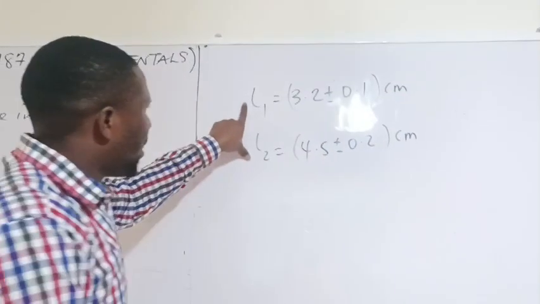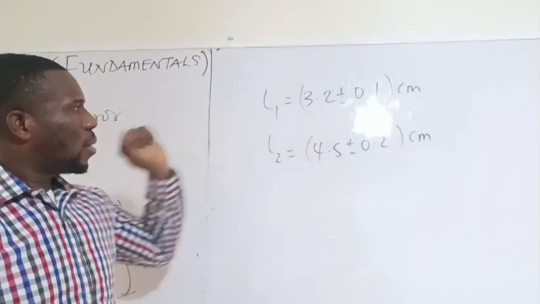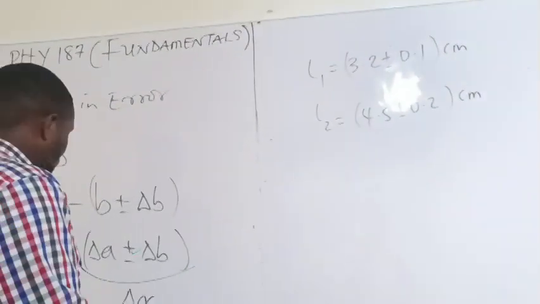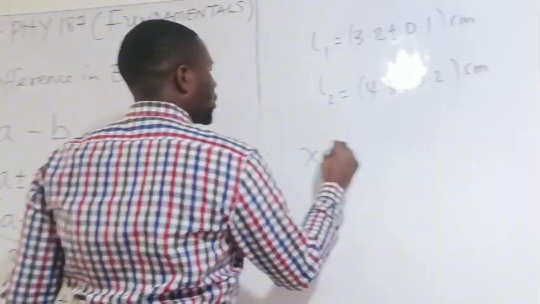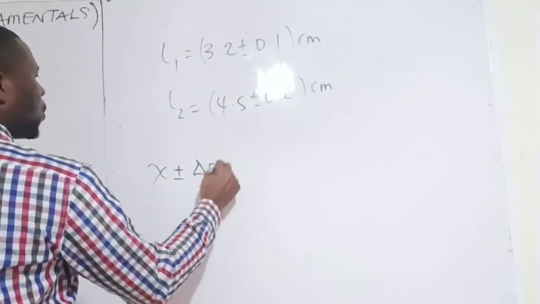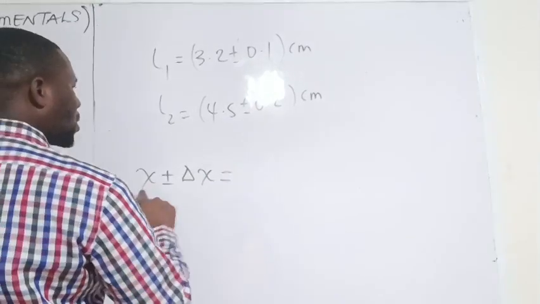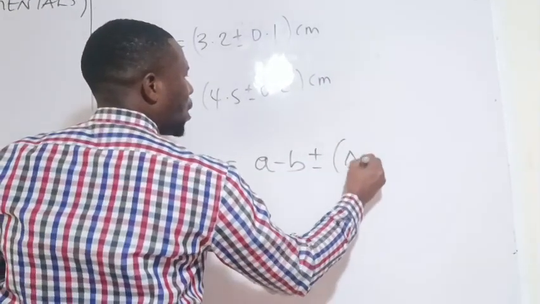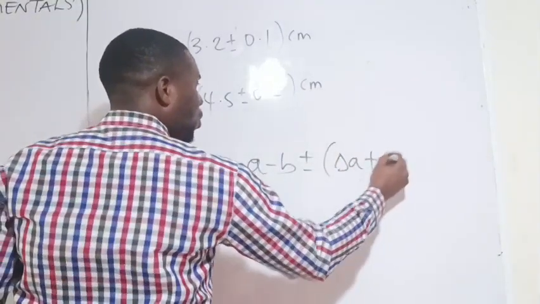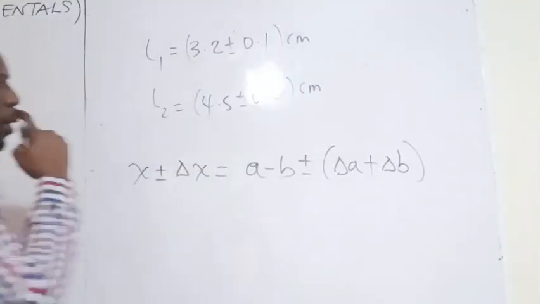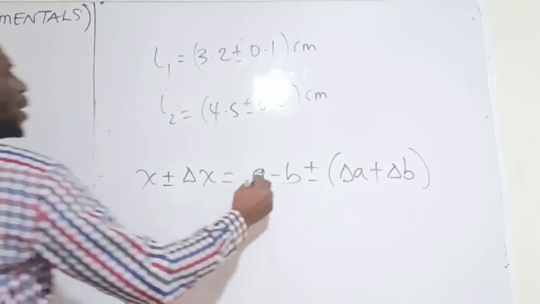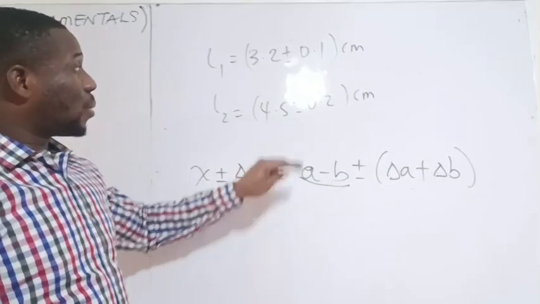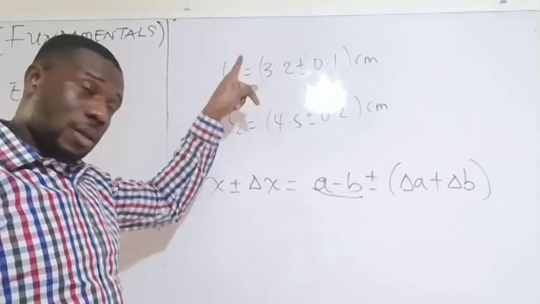So the difference in the length of these measured values would be, so I may need to rewrite this formula: x is the difference, then plus or minus the sum of the absolute errors in the measured values. The difference has to be a minus b, but I have to take into account the higher value minus the smaller one.